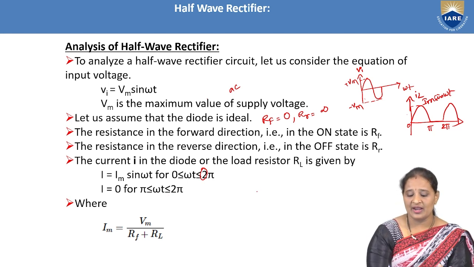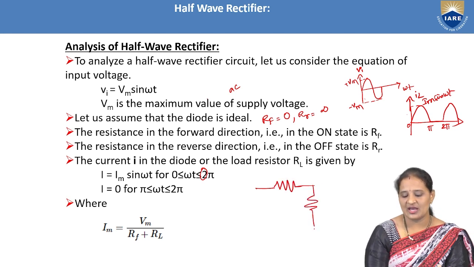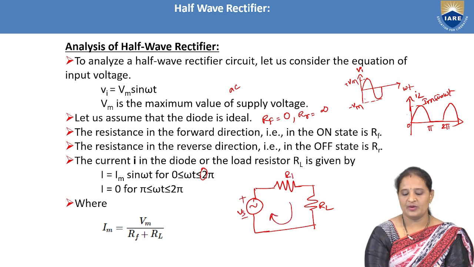And as I told you, when the diode is forward biased, it offers a forward resistance, and the load resistance is connected in series. And here we have an AC supply, plus minus Vs. So the current is flowing here. And here this is given by Vm sine omega t.